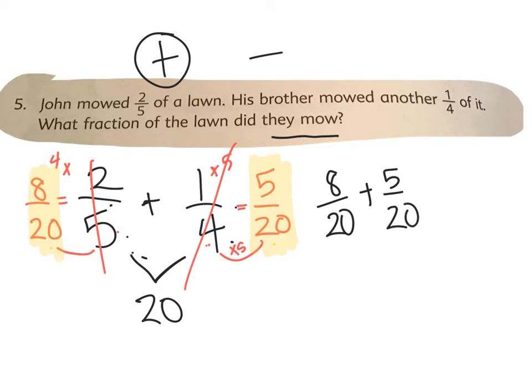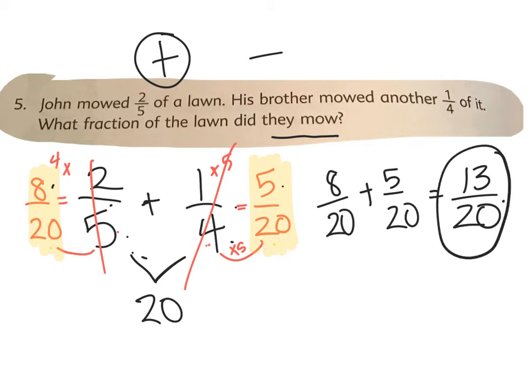Now some of you might not need to rewrite it because you see it, but if you're struggling a little, I would show this. It's really helpful for me to see where you get messed up in the process if you get it wrong. So now that is 13/20ths. Is that reduced? Yes, because 13 is a prime number and it doesn't go into 20. So 13/20ths is how much of the lawn they mowed.